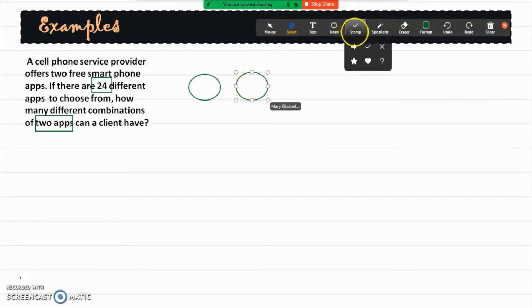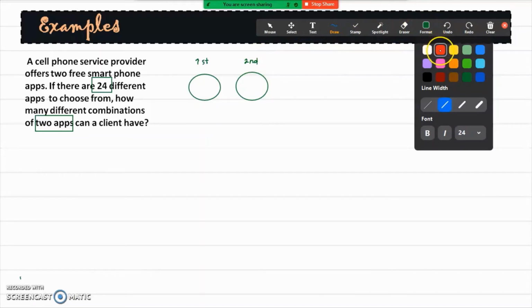So we know that the first circle is for the first app that we'll choose, because again, we'll have to choose 2 apps. So this is for the first app, and the second will be for the second app. The second circle will be the number of options for the second app.